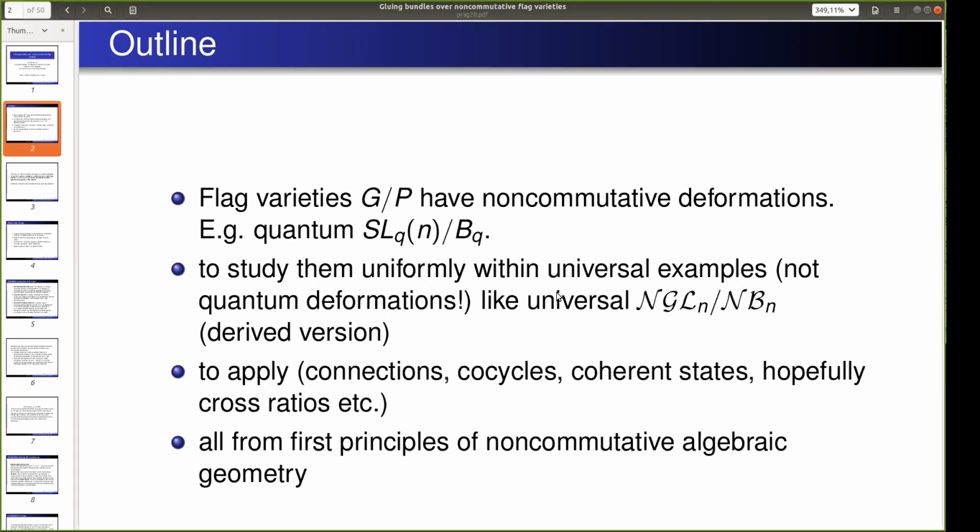So let me remind you that flag varieties first had these non-commutative deformations, which are kind of quantum. So if we consider G mod P, where P is parabolic, then there are things like SL_N modulo Borel, and then you can take parabolics, and then you can take other types, and so on.